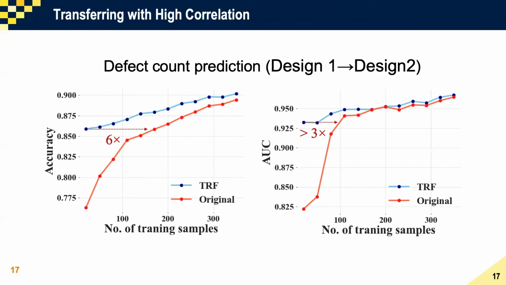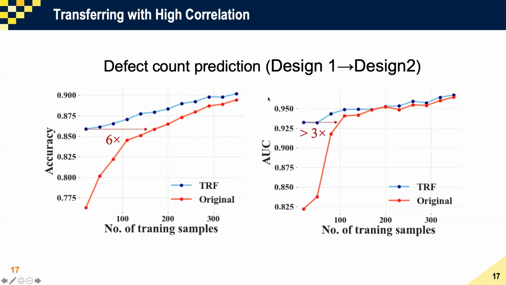In order to further illustrate the performance in general, we vary the size of the training set and compare the optimal RF with the original RF. The optimal RF is selected with the highest OOB AUC. For defect count prediction as shown here, the AUC and accuracy for both RFs increase given more training samples.